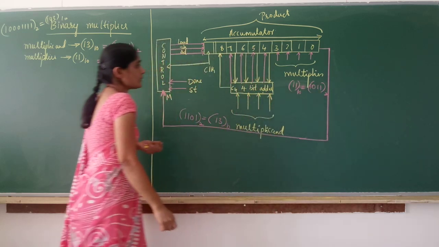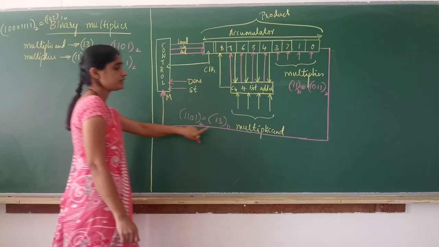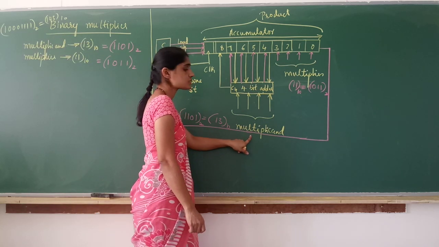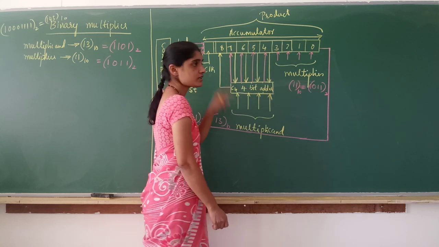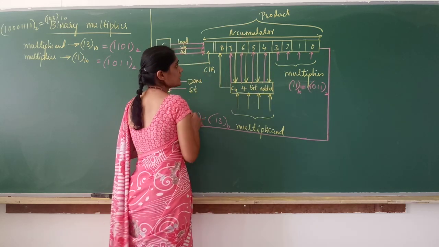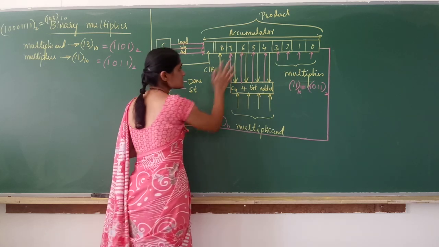Right? So now, to store the multiplicand and multiplier, we will have a 4-bit register. The 4-bit register is for the multiplicand, and the multiplier will be loaded into the accumulator itself. The reason we are calling this the accumulator is that finally the product will be accumulated in this register.